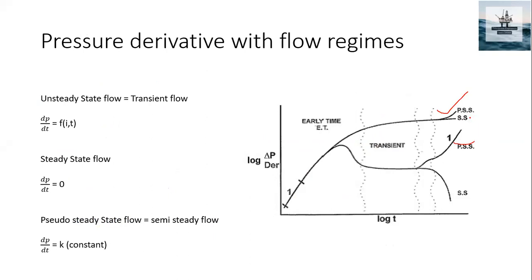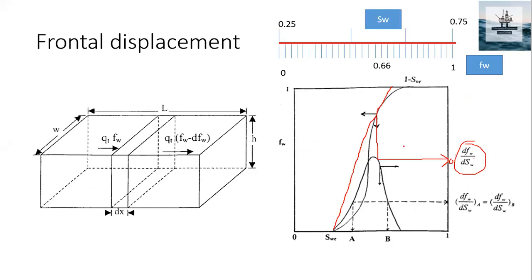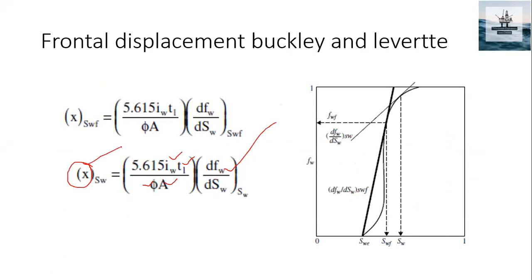We will see as per the data what kind of flow regimes there were, which can be understood by these pressure derivative graphs. And the last one is we are going to witness this equation, and we will find out how much extent the waterfront has been displaced inside the reservoir. So let us get into the Excel sheet.